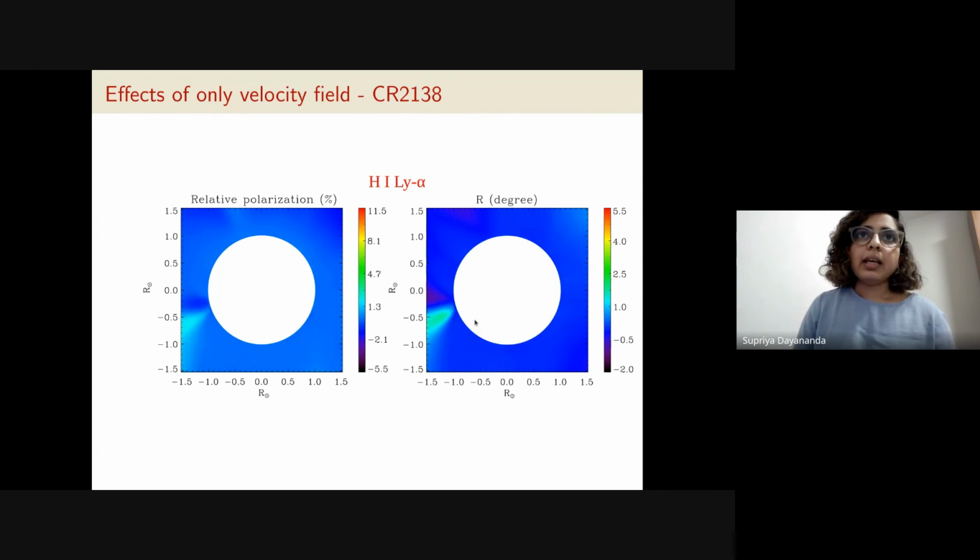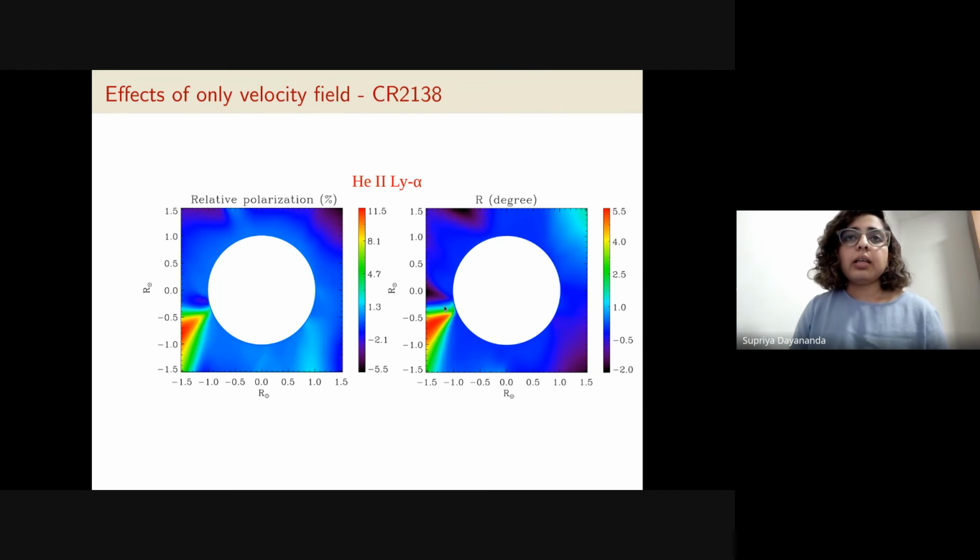And now the interesting case of velocity field effects only: you see that these velocity effects are not very significant in the Lyman alpha line of hydrogen, but in the helium line, they are very, very prominent, as if mimicking the symmetry breaking effects that might have come from the magnetic fields.